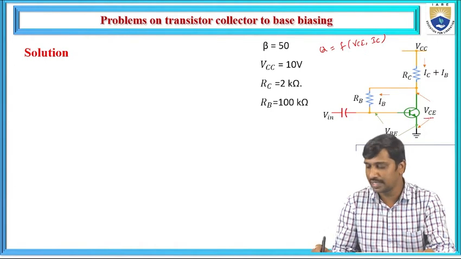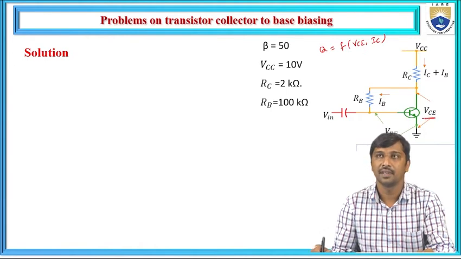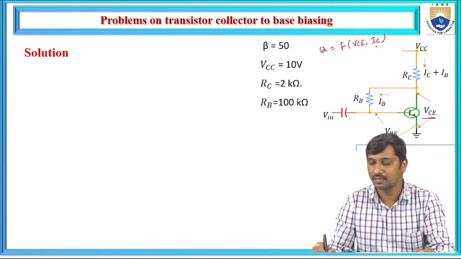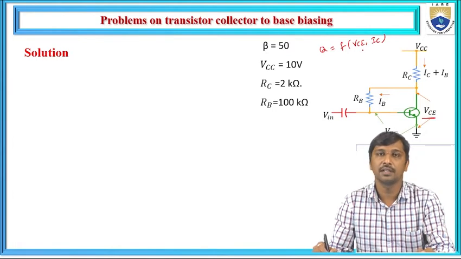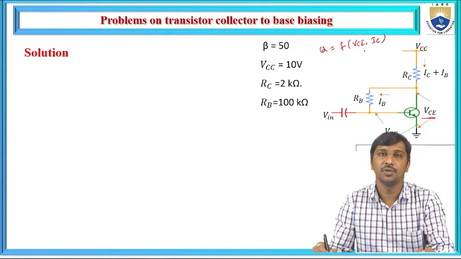We need to calculate this voltage along with the output current, that is the collector current. So we need to find out how much collector current flows and how much collector voltage is produced with respect to the common terminal, the emitter terminal. Hence, to define the Q point, we need to find the collector current and the VCE voltage.